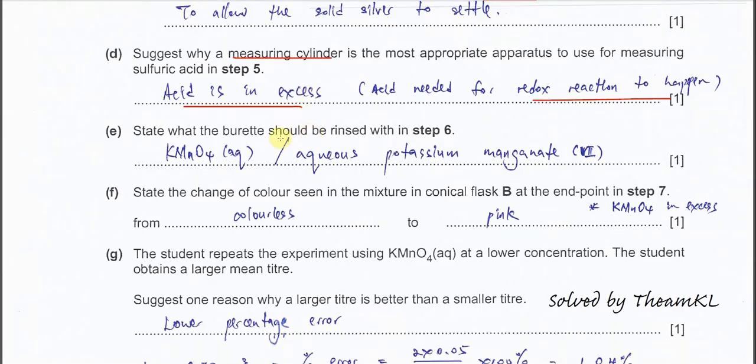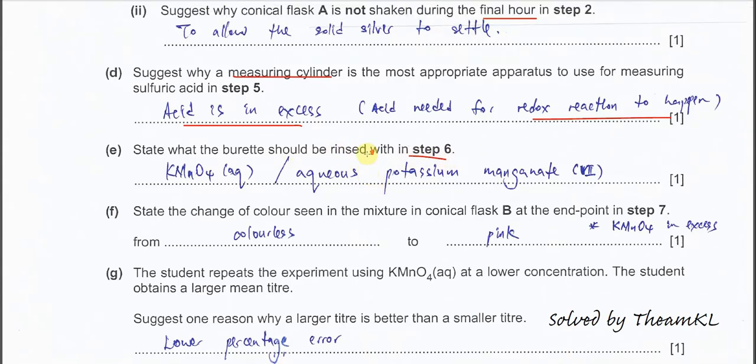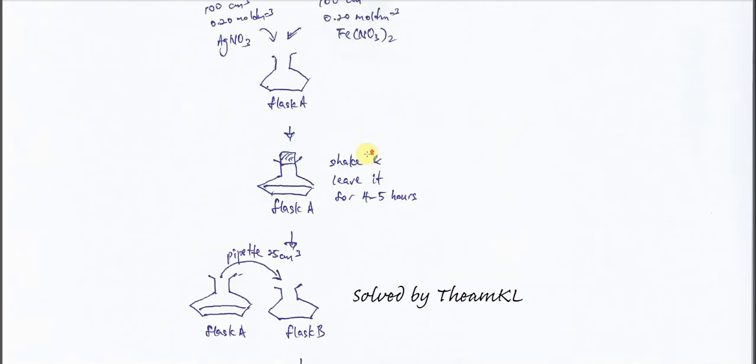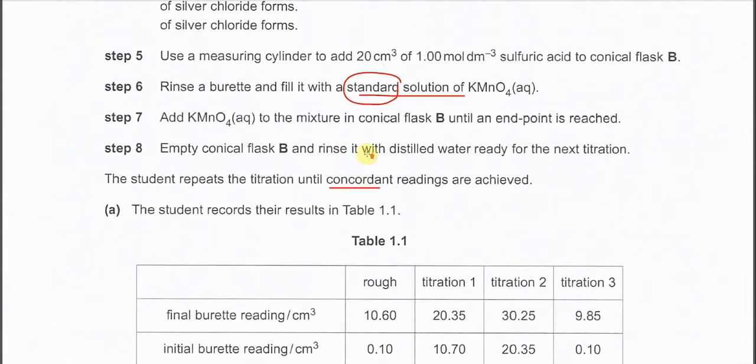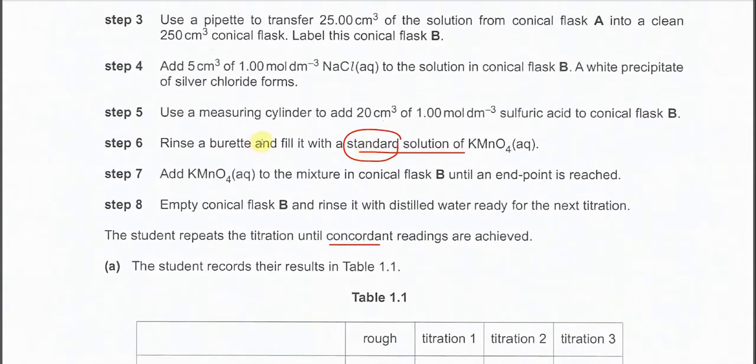Part E, state what the burette should be rinsed with in step 6. Okay, so this one I already told you. Let's get back to step 6. Rinse a burette and fill with the standard solution.